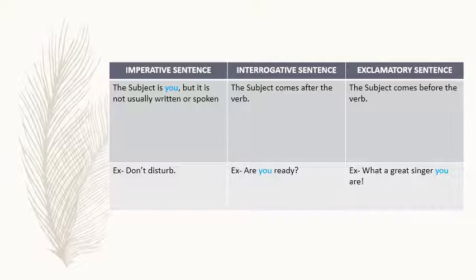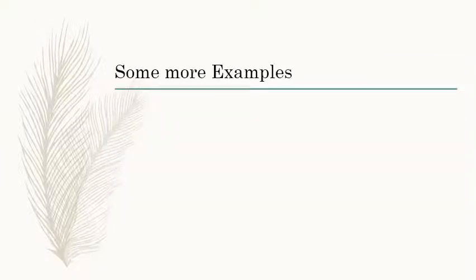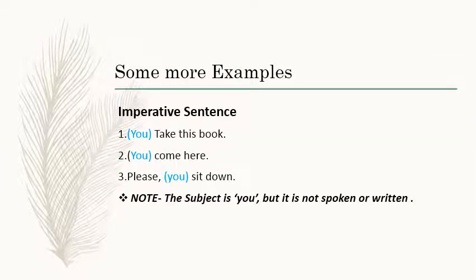Let's understand this chapter with the help of some more examples. Imperative sentence. Example number 1. Take this book. As we have just studied that in an imperative sentence, the subject you is not spoken or written.